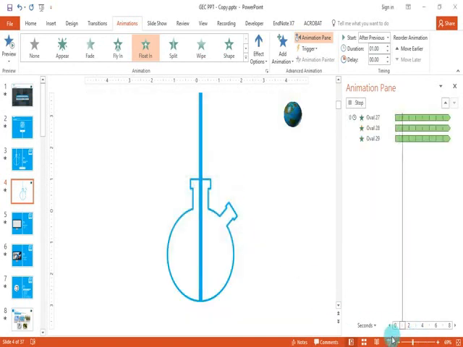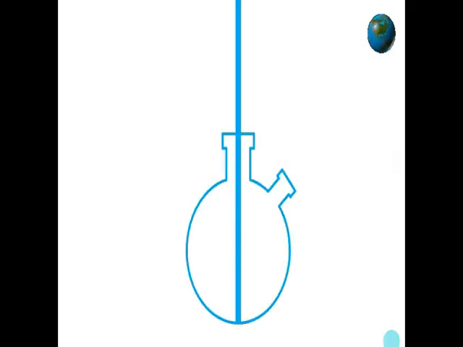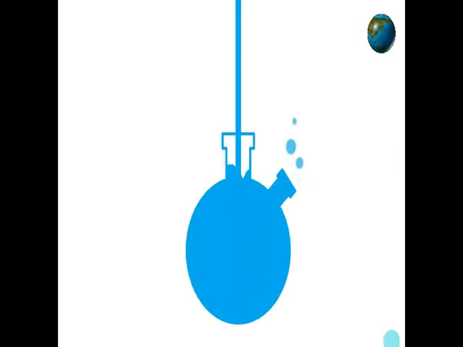Click OK, and when you see it now, you can see that these droplets, or these gaseous molecules, are actually moving upward automatically. So this is a really cool thing to learn.